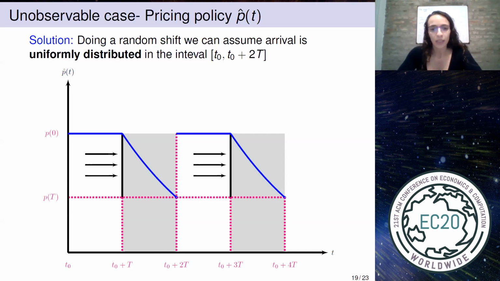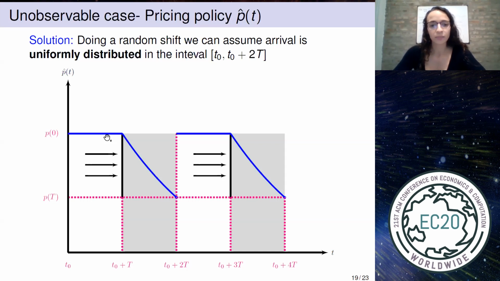So we will use this pricing policy to bound the expected revenue in the unobservable case, and note that we are not considering all buyers. I mean, we are not considering the buyer arriving within all the horizon. We only consider the buyers arriving within the intervals where the price is constant.